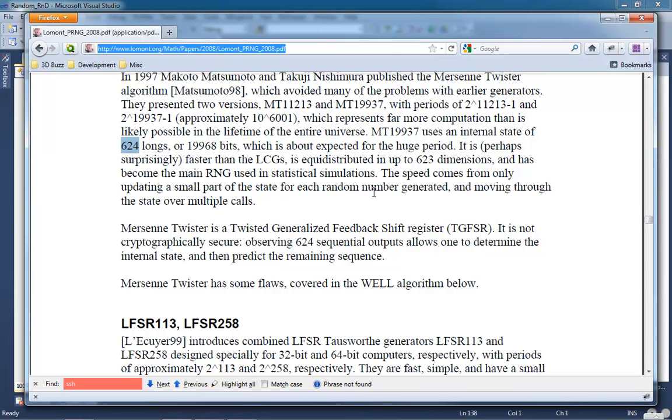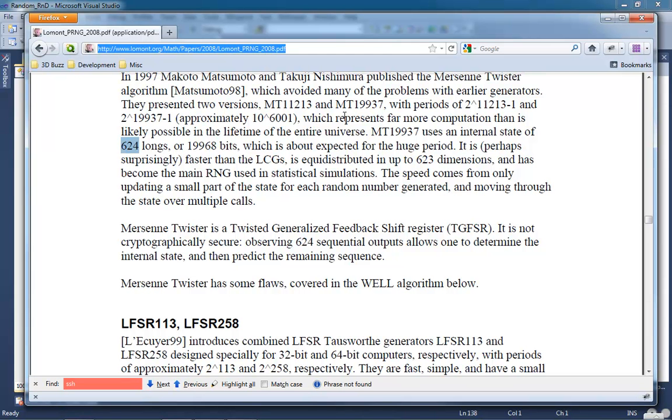Another problem is that it suffers from that zero state issue. If you remember when we first played with the built-in one, and we only ran the first 100 iterations, most of the numbers were biased between 0 and 0.5 as opposed to above. But as we got more and more numbers, it started balancing out.